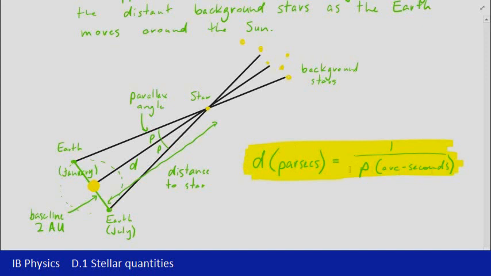So going back to that definition of the parsec, if the parallax angle is 1 arc second, then that will give us a distance of 1 parsec, where the baseline would still be 2 astronomical units, but then half of that would be 1 astronomical unit.